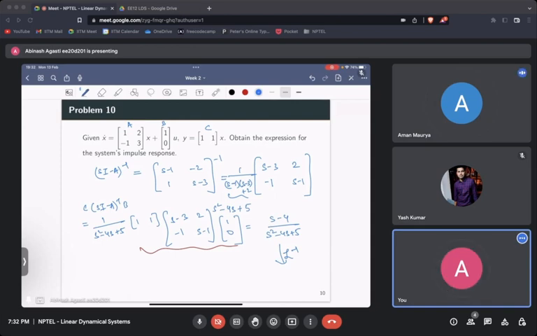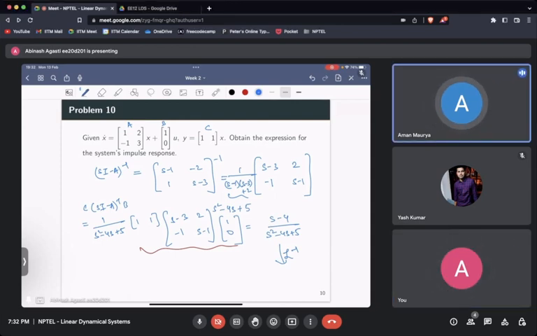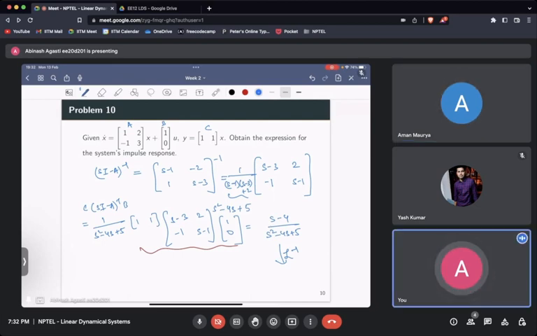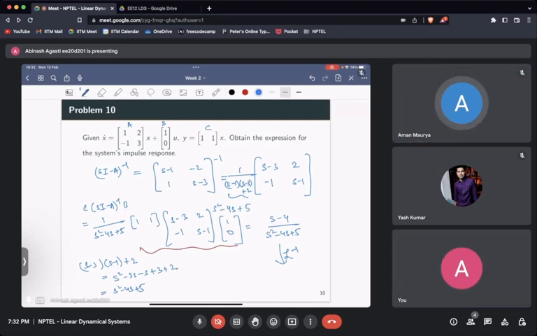Yes. Okay. The determinant is (s minus 3) into (s minus 1), right? Plus 2. Correct? So s square minus 3s minus s plus 3 plus 2. Is it wrong in here? Okay, okay, no issues.